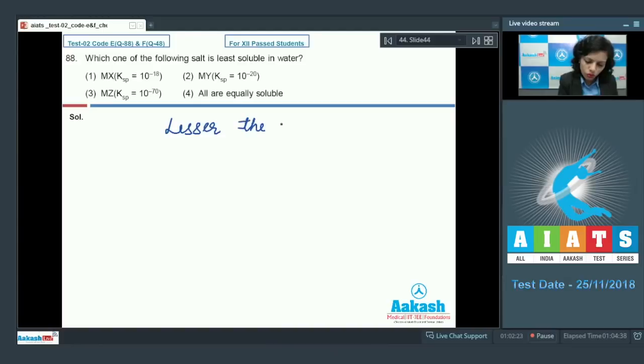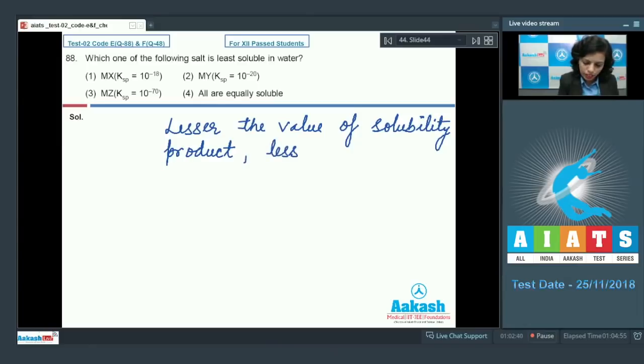lesser the value of solubility product, lesser would be the solubility of the salt.